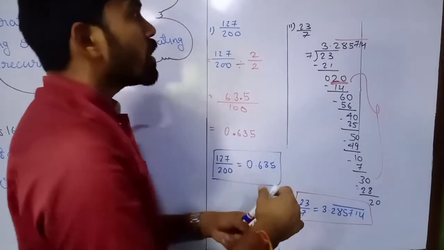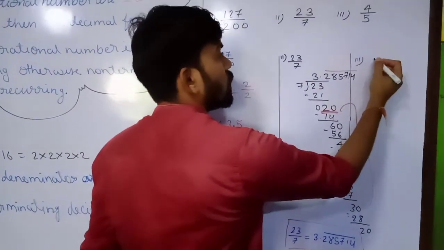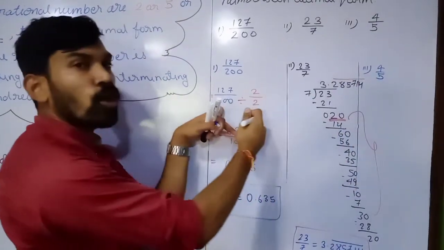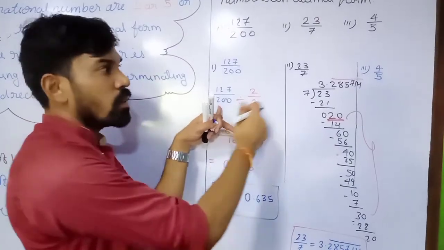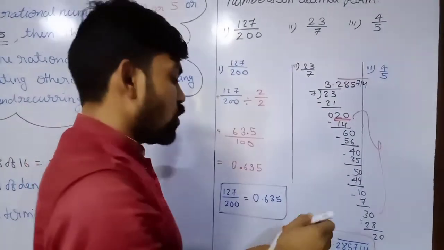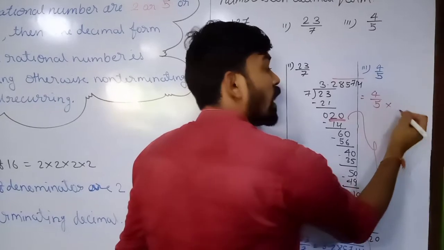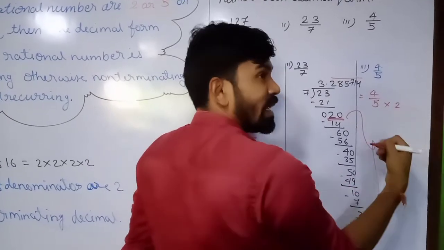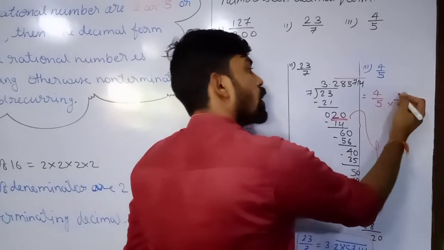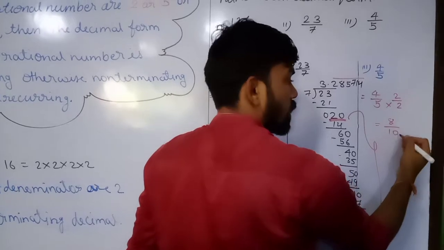Yes. Now the second one we did. Now the third one, 4 upon 5. Here we have to follow the first method. Can we turn this 5 easily into 10? Yes, why not? 5 multiplied by 2 we get 10. So if the denominator is multiplied by 2, the numerator also is multiplied by 2, it will become 8 upon 10.